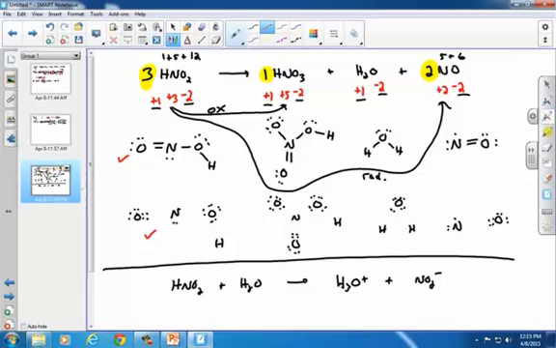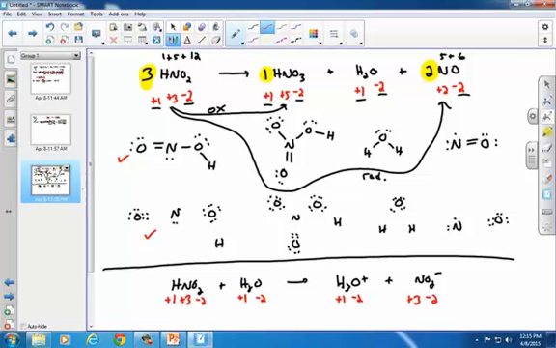I would find that the hydrogens are all at a +1, the oxygens are all at a -2, and in this case the nitrogens are all at a +3. So none of the elements' oxidation numbers are changing, which means this is not a redox reaction.